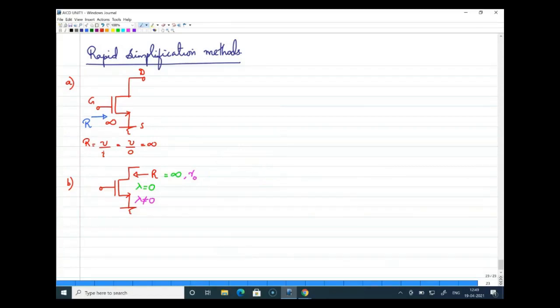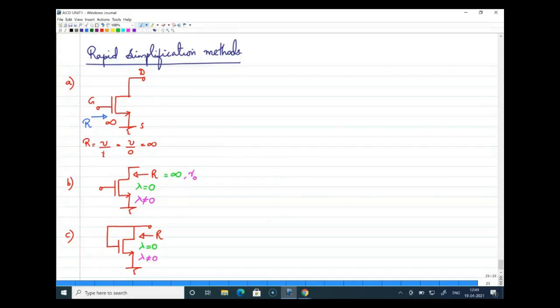All right. Moving on to the third combination, again a MOSFET, suitably biased, but with drain and gate shorted together in this fashion, and we are interested to know the resistance seen at the drain. Again, two cases: first is lambda equal to 0, and the second is lambda not equal to 0.